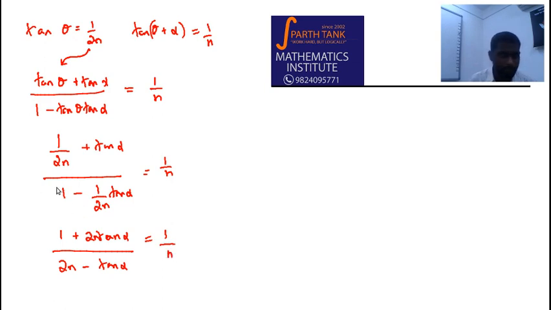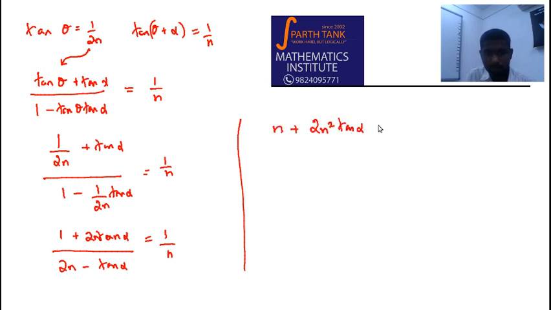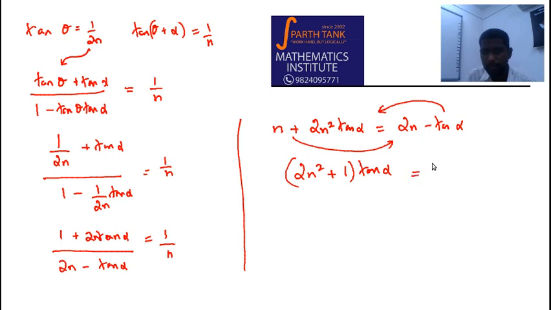Take the LCM, cancel all that. Simplify, do the algebra carefully. 2n squared tan alpha is equal to 2n minus tan alpha, or collecting the terms on one side, 2n squared plus 1 tan alpha, bringing this here and taking the n to the other side, becomes 2n minus n, which is n.